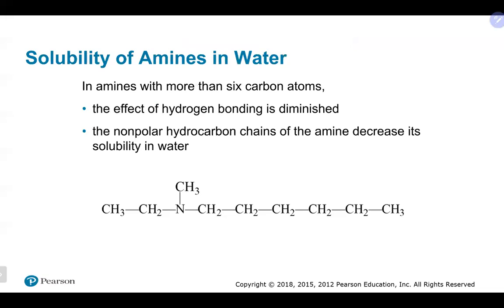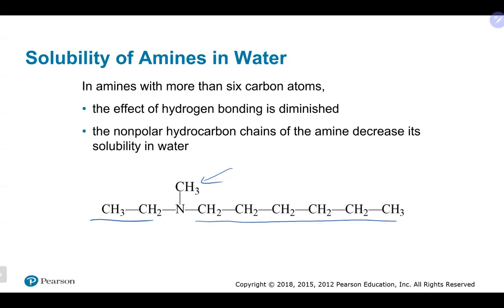For amines with more than 6 carbons, the effect of hydrogen bonding is diminished. So again, the same idea, as you build out way too many carbons all around, it just gets in the way of it being able to interact well with water, and the solubility really does start to go down a lot above 6.